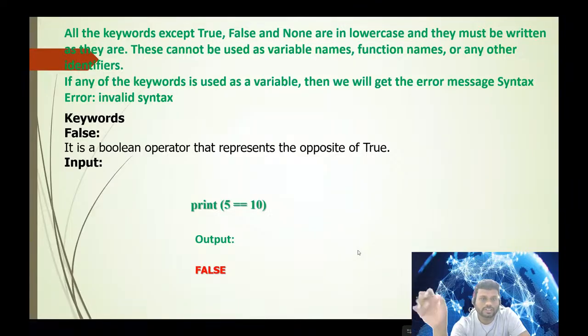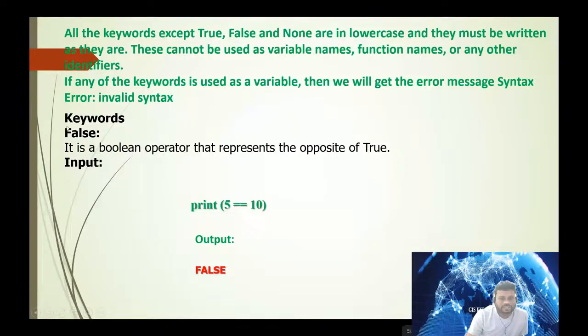If any of the keywords is used as a variable, then we will get the error message: syntax error, invalid syntax. The important thing is that True starts with capital T, False with capital F, and None with capital N, but all other reserved keywords are in lowercase.